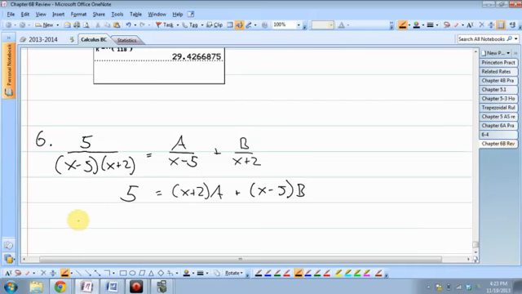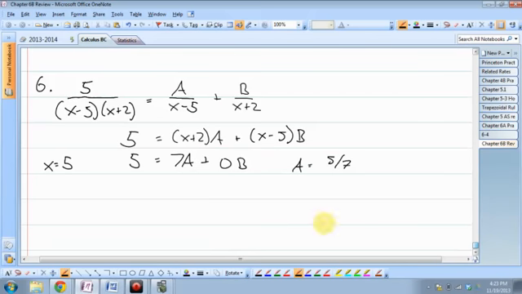Okay, now we choose our values. x equals 5. We have 5 equals 7A plus 0B. A equals 5 sevenths. x equals negative 2. We have 5 equals 0A minus 7B. So B is equal to negative 5 sevenths.